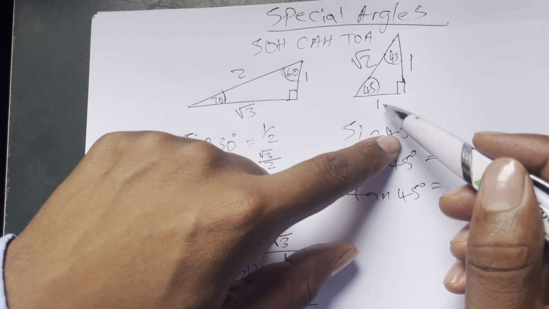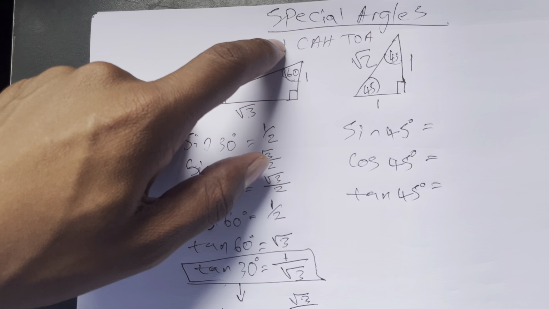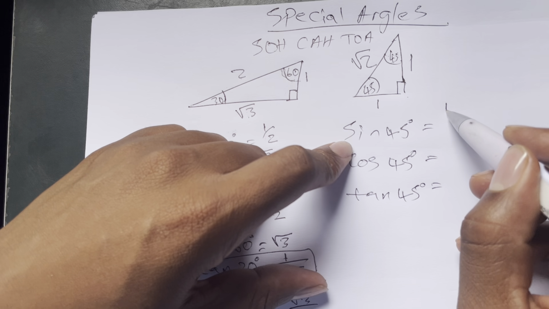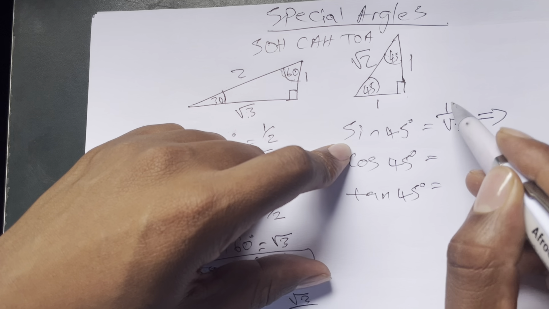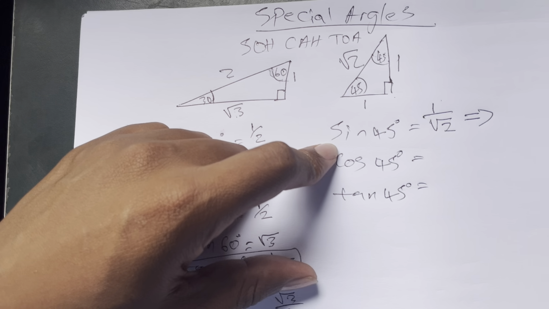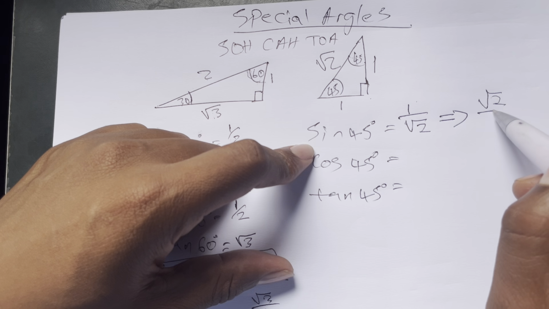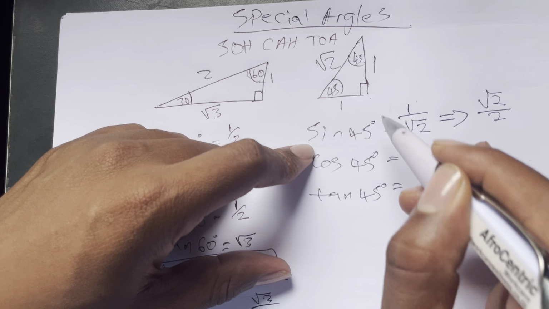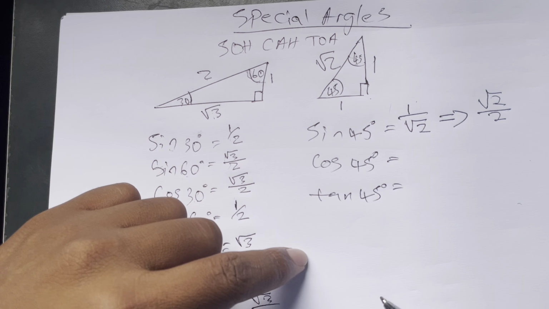So sine is what? Opposite over hypotenuse. So it's going to be 1 over square root of 2. Again, 1 over square root of 2, if you rationalize the denominator, you could get it as square root of 2 over 2. But this is the answer without the denominator being rationalized.